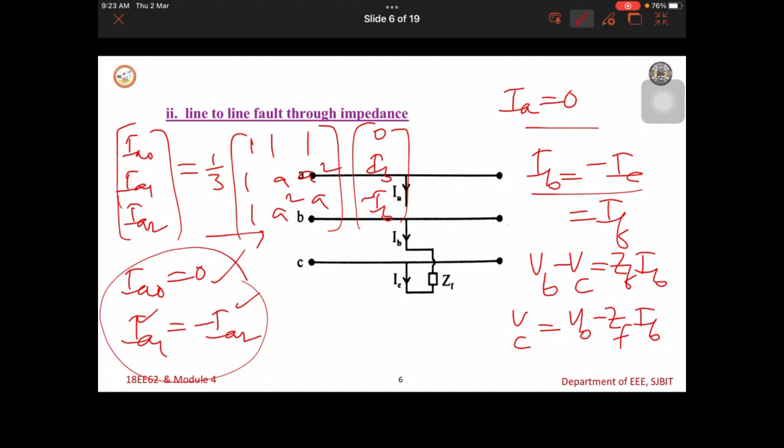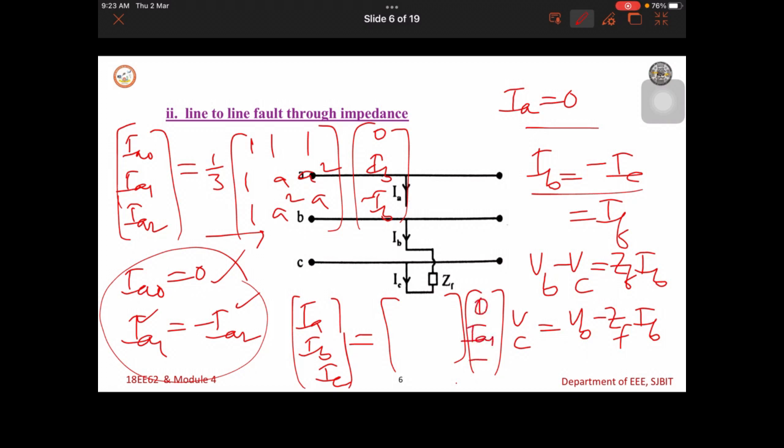Similarly, for the sequence components of voltages and currents, you can have the relation, where IA, IB and IC are the unbalanced currents. We can write this unbalanced current in terms of the symmetrical components: IA0 is 0, IA1, IA2 is minus IA1, with the matrix 1 1 1, 1 A square A, 1 A A square.